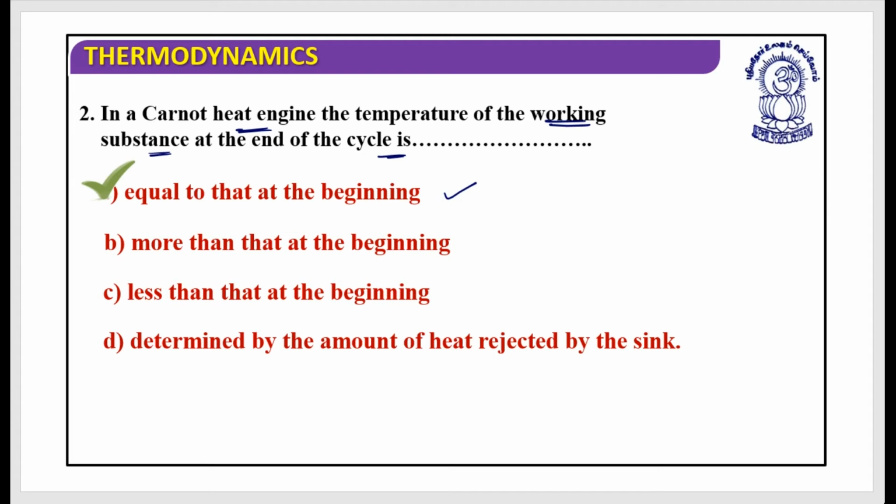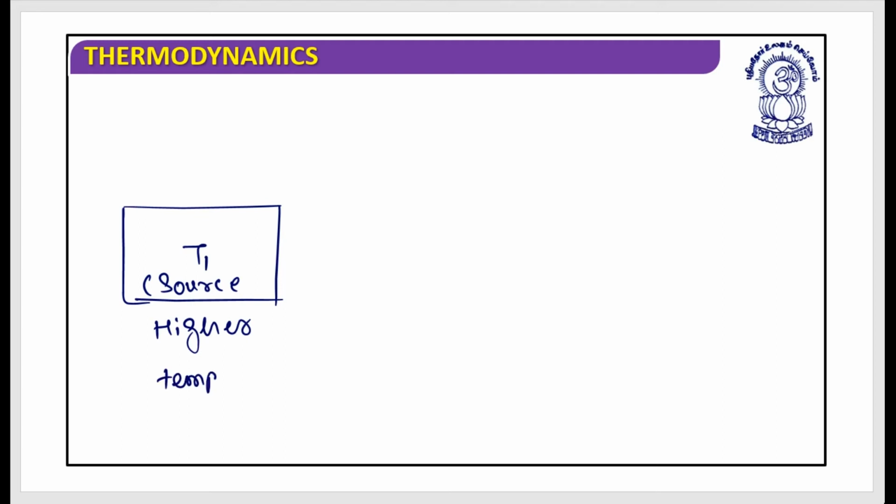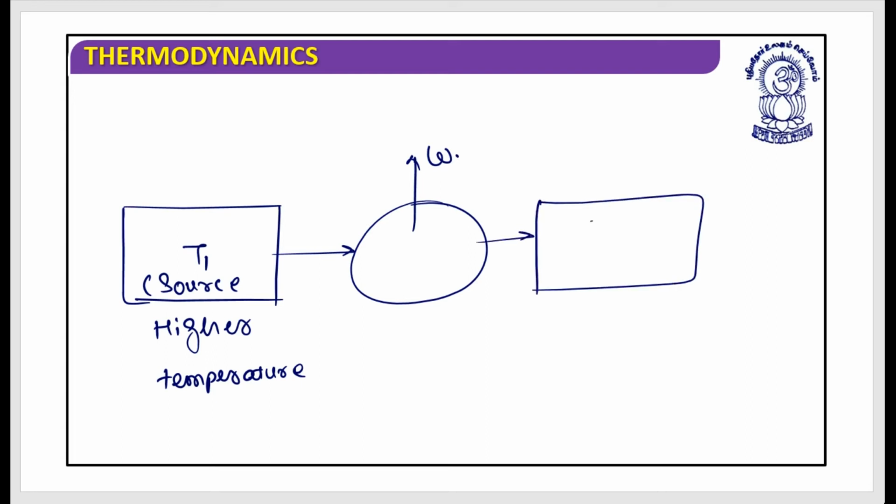Is it clear? Okay, shall we revise this as a workflow, that this is the temperature T1, what we call the source or higher temperature. This will be delivering to the working substance, you will get the work done, and this is the T2, what we call the sink, at a lower temperature.